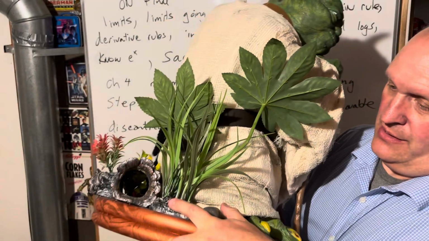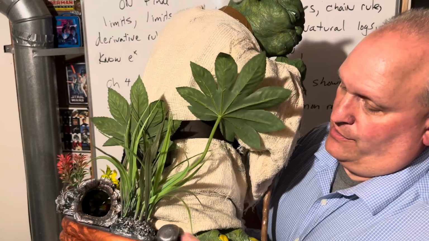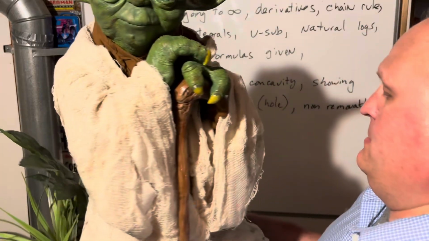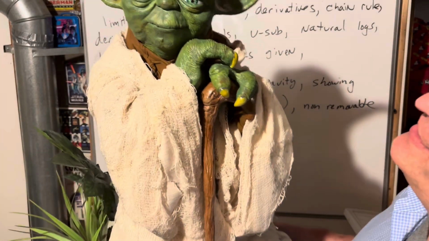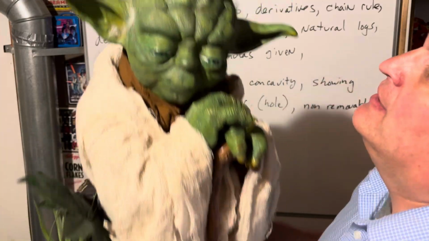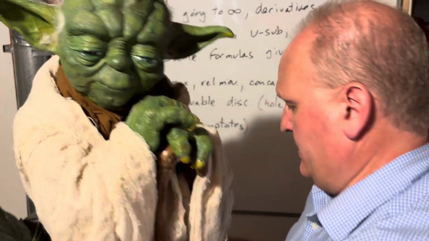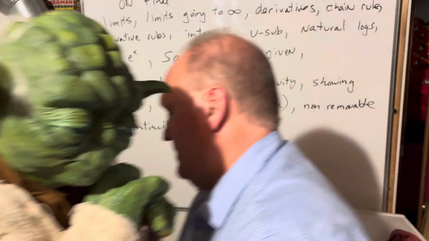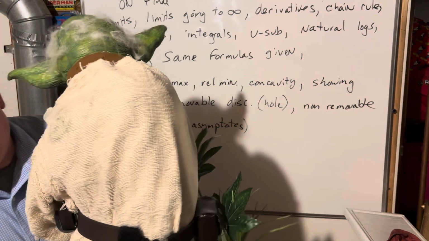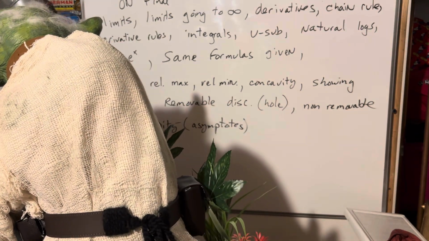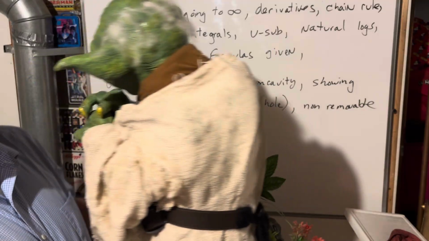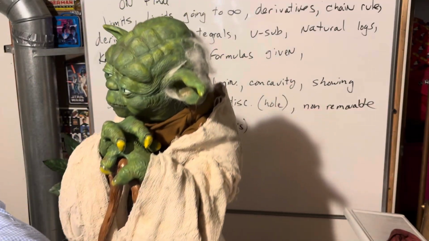I built him, and this is just stuff from Walmart, like a little planter thing. And so I bought him, I had to paint him and put hair on him, and put the clothes on him, and I built the base. And then I went to Walmart and bought fish tank stuff and just painted it silver and stuff for that. But Yoda, he was okay.